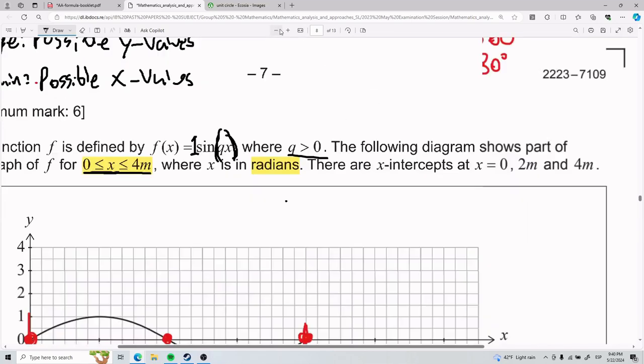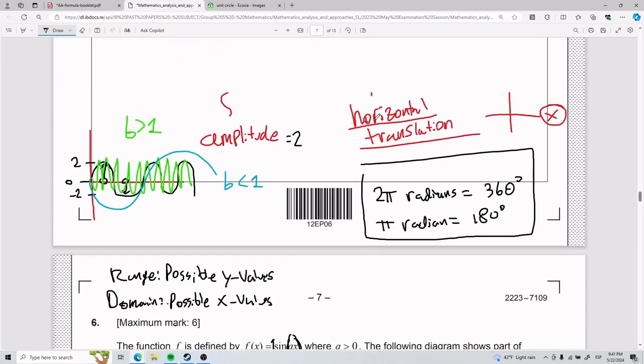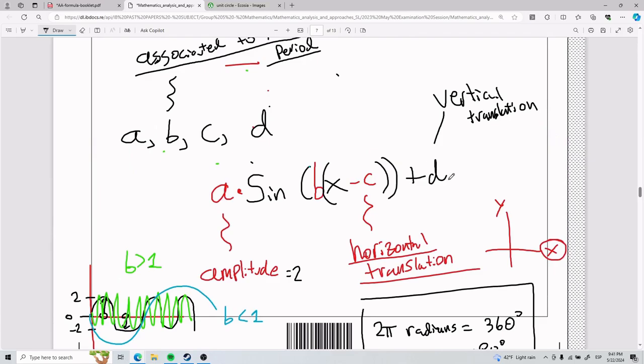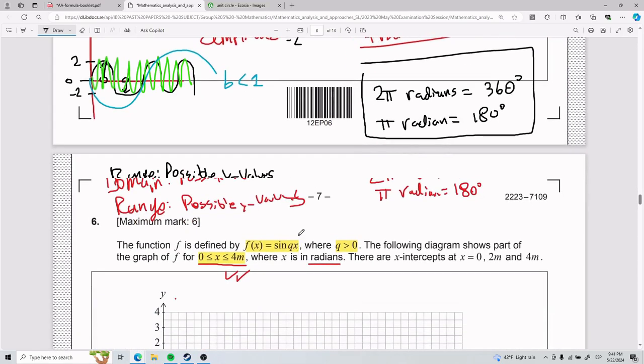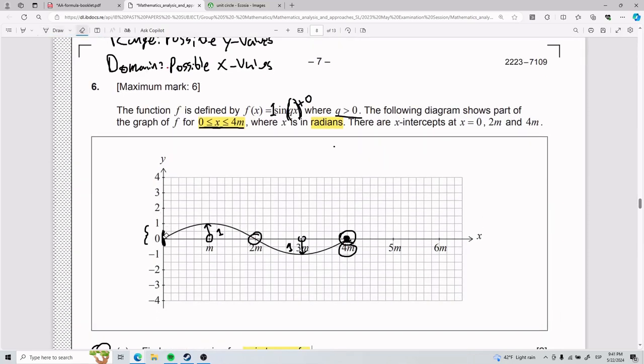And so your amplitude is equal to 1, which is why from here to here, the distance is 1. Look at that. That's why the distance from here to here is 1. And the vertical translation, the plus d that is outside, well, here I have a plus 0, right? Which makes sense because if you look at the line that cuts through your sine, it's actually at y equals 0.